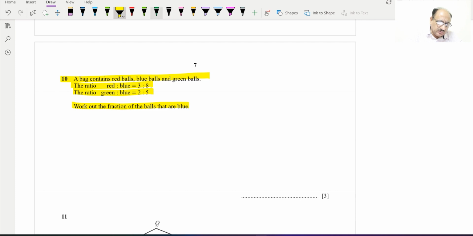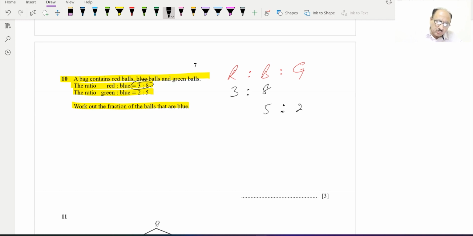So I will write here red, blue and green. The given ratio is 3:8 for red and blue, and for blue and green it is 2:5, so 2 for this one and 5 for this one.